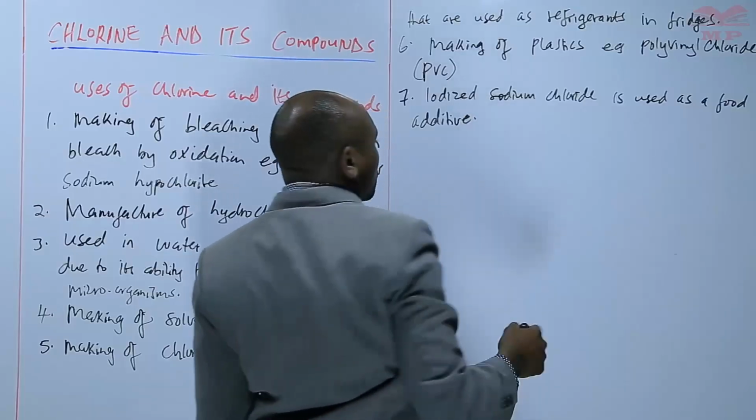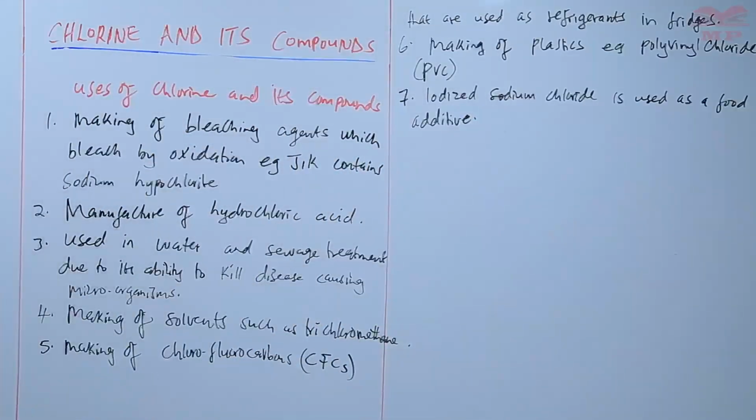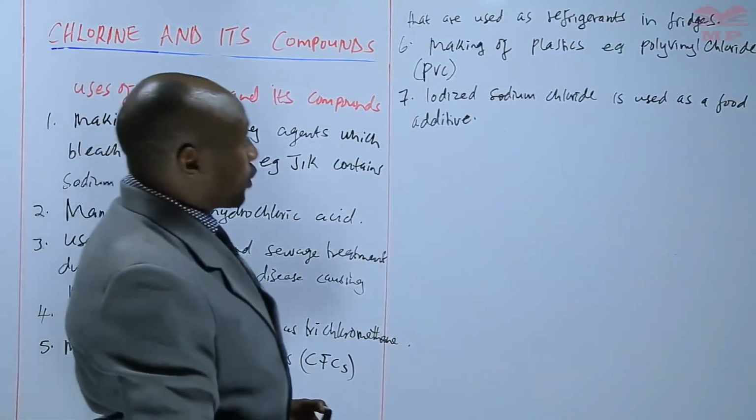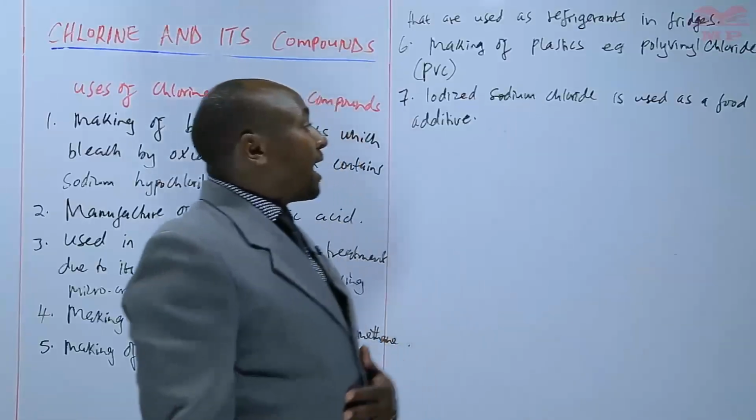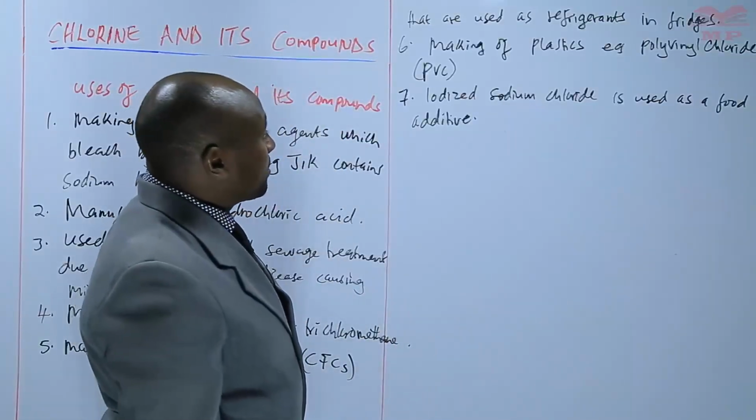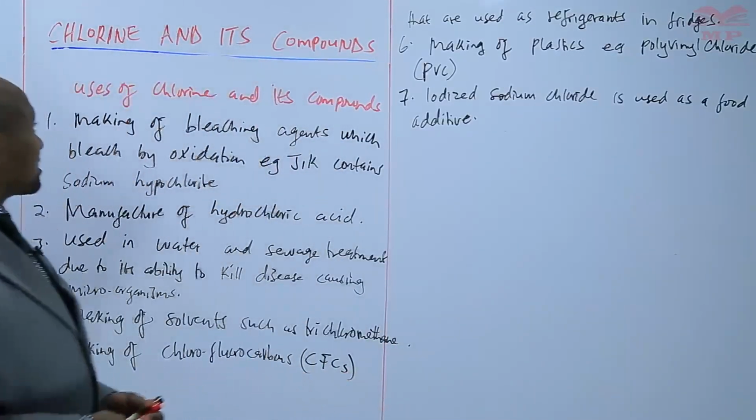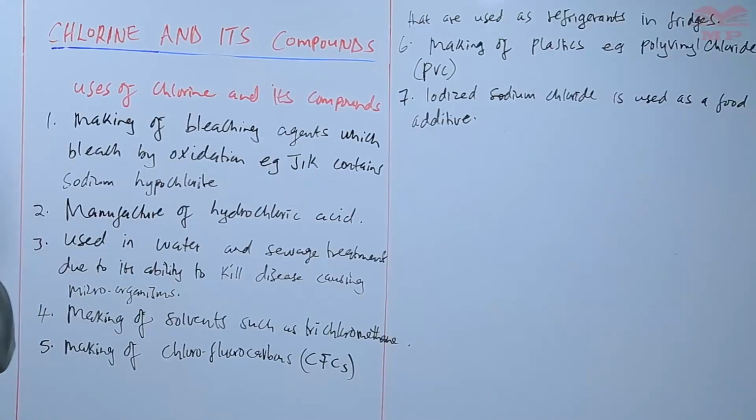So this is the common salt that we eat. It also contains chlorine because it's basically iodized sodium chloride. So those are some of the uses of chlorine and its compounds.